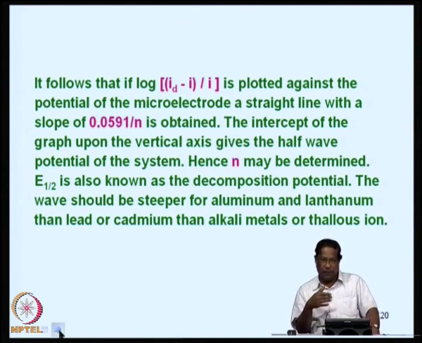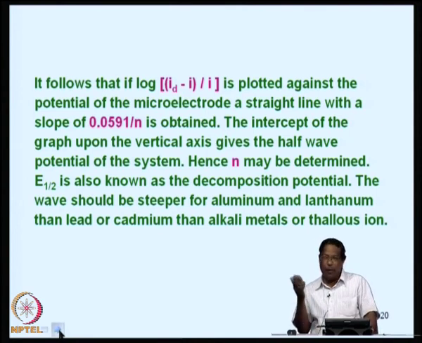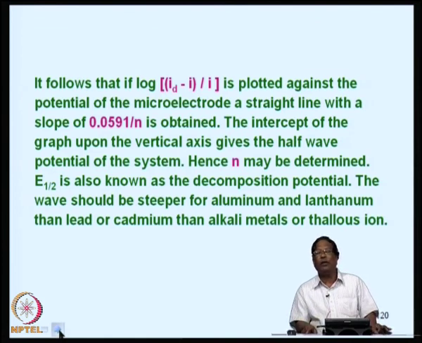I am just repeating this for your clear understanding. Hence, from the slope we can determine the number of electrons involved in the reduction of the species at the cathode, that is n. E half is also known as the decomposition potential, because at that potential you can expect the material to reach the electrode easily.